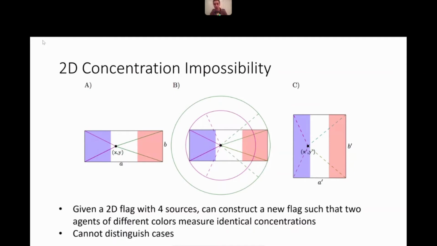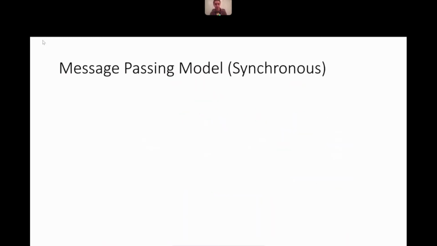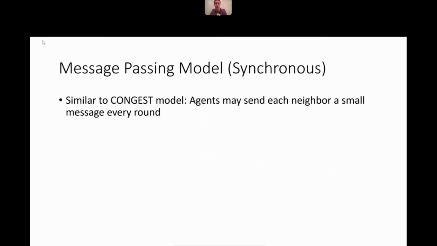So we decided to check out a different model of what's happening in the French flag problem. So here we move to message passing. Basically it's a CONGEST model. Each agent is connected to its neighbors. In a line, it's left and right neighbor, and in the French flag, it's left, right, up, and down.